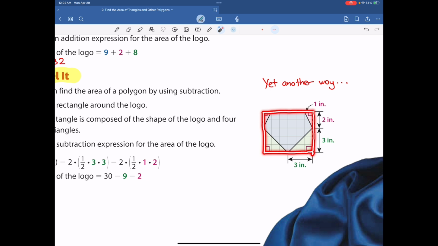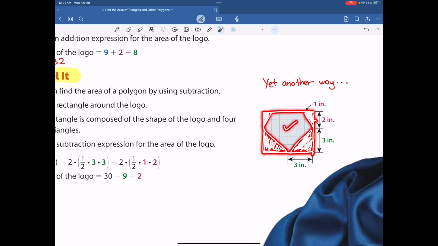So if you start with this rectangle, take away this pink portion here and on the right side as well. If you take away pink and then you take away these two green sections, what do you notice is left on the inside?